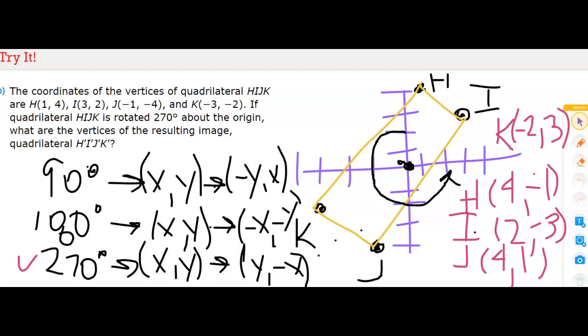Again, I did not use a protractor. I used the rule that was given to us from the example.